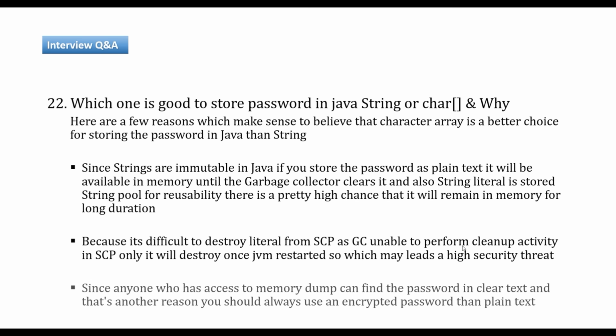Now the next point you can consider: anyone who has access to the memory dump can find the plain text password, they can directly get the string and they can misuse it. It's also an additional task for a developer to encrypt the password rather than keep plain text.